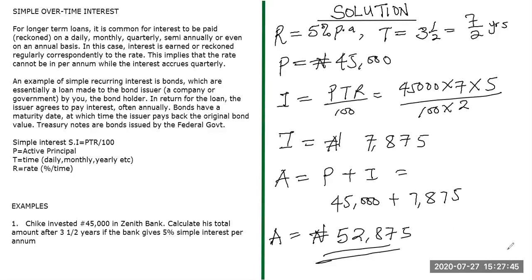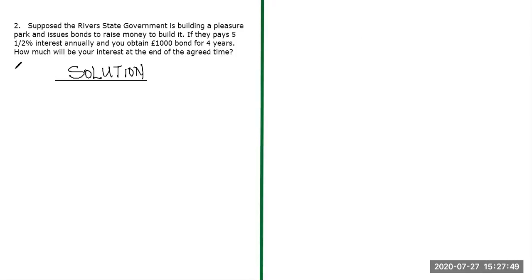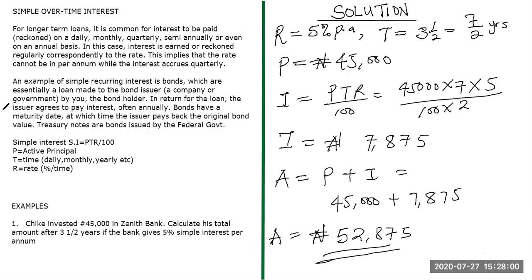In example 2 of this type, what are we told here? So suppose the River State government is building a pleasure park and issues bonds to raise money to build it. I've already explained what bonds are up here, so you will see the explanation on bonds.